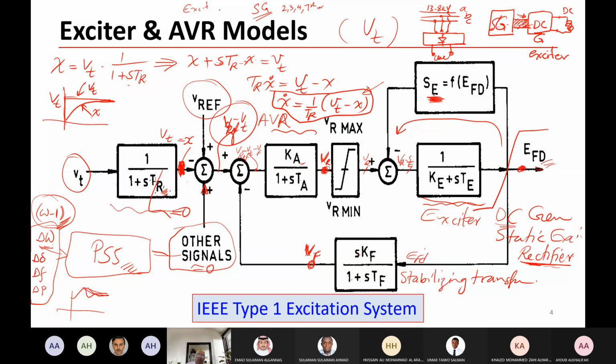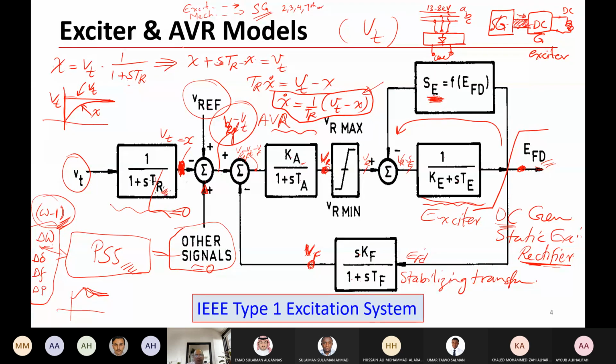So this will be added to the synchronous generator and also the mechanical part of the governor and turbine. We will add these models to the synchronous generator in order to have the complete model of the plant.